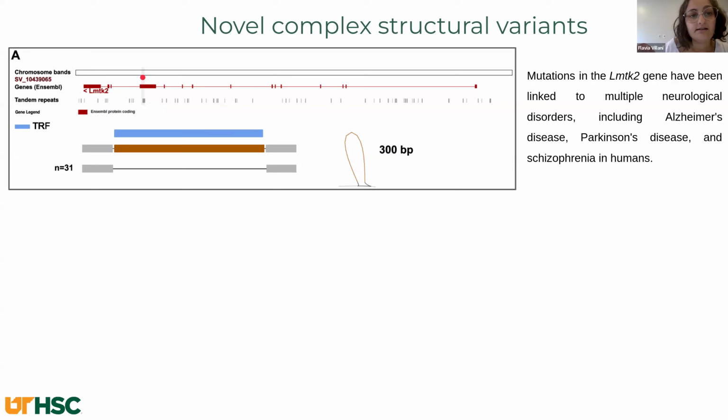And this is following tandem repeats, and this is present in 31 samples. And it seems that mutations in this gene have been linked with multiple neurological disorders in humans.